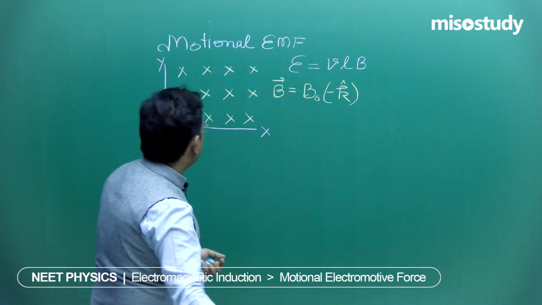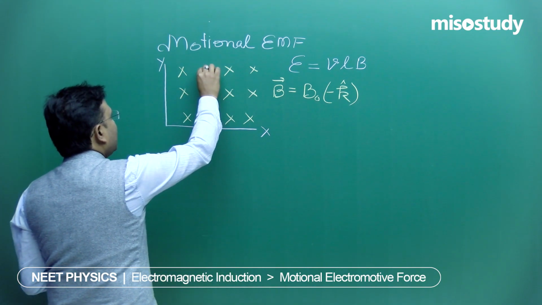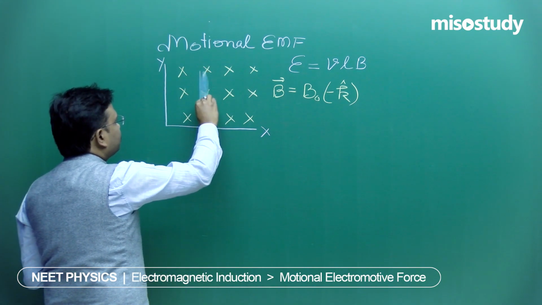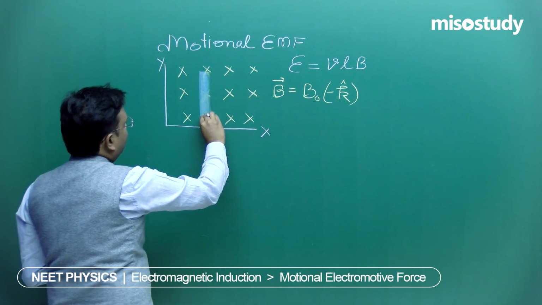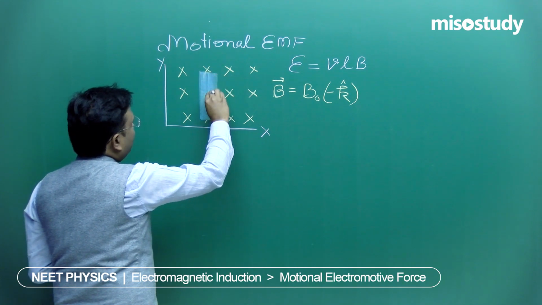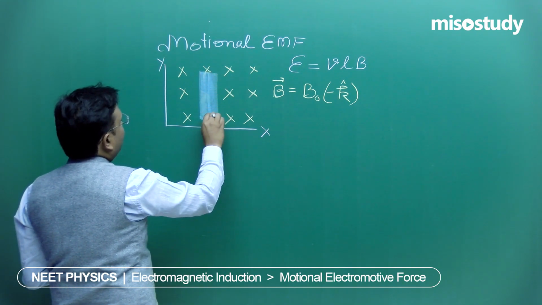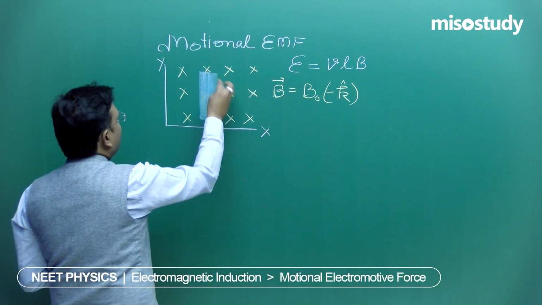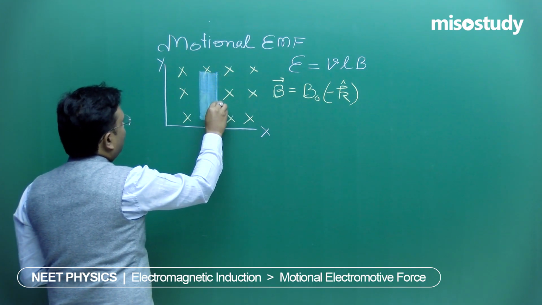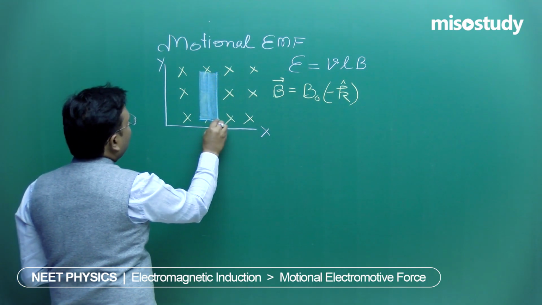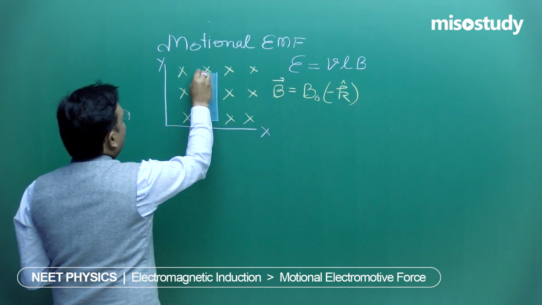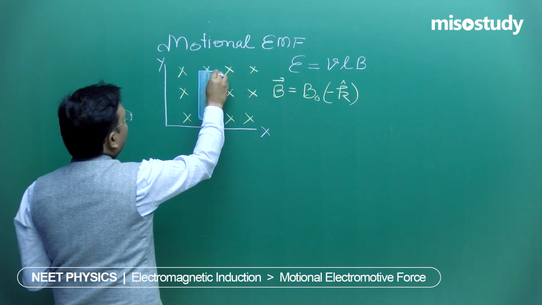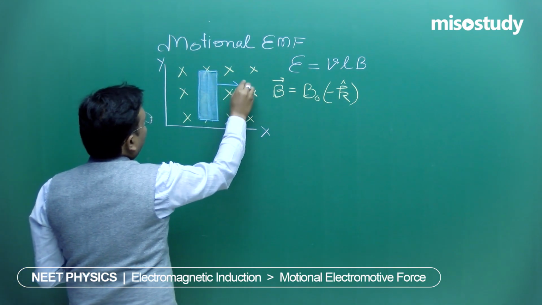Now let us say I have a metallic conductor, fine, this way. I have this blue color metallic conductor, or you can say a metallic rod, that is why I am showing it like this. So this is a metallic conductor having length small l, and it is moving with velocity v.